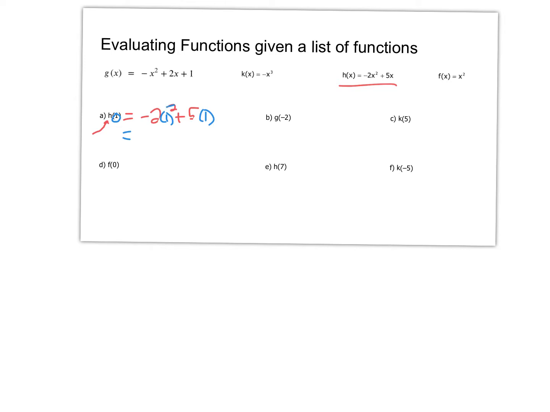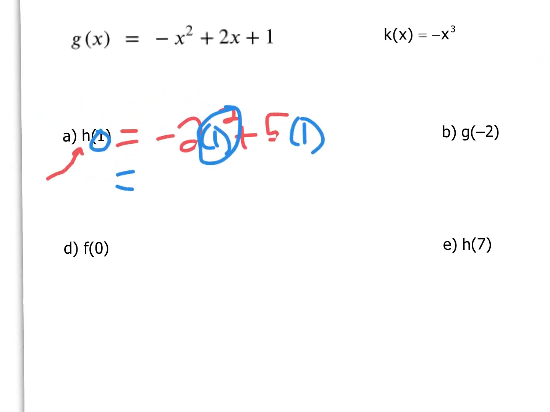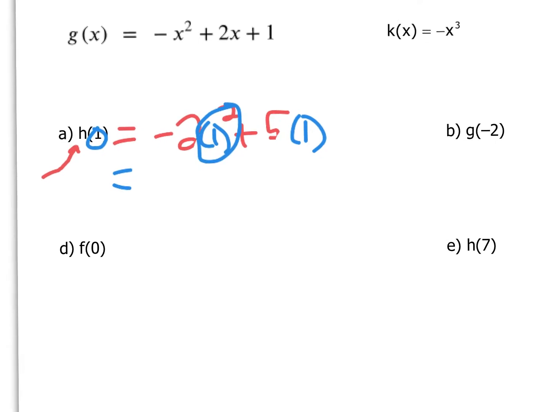So we do our PEMDAS stuff. I'm going to zoom in so it's not as tiny. So we're going to do 1 squared, so 2 times 1 squared plus 5 times 1. Multiply, 2 times 1 is 2. 5 times 1 is 5. So 2 plus 5 is 7.